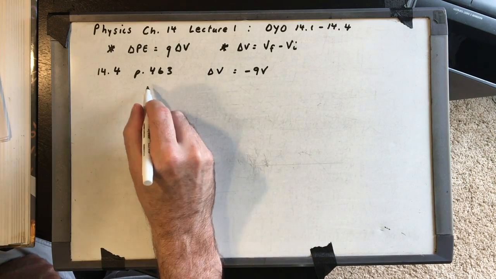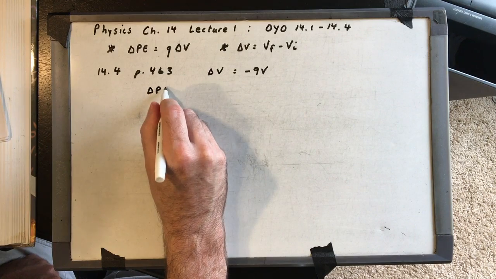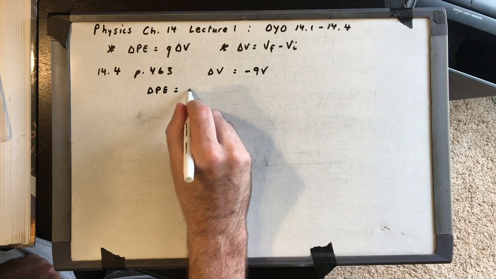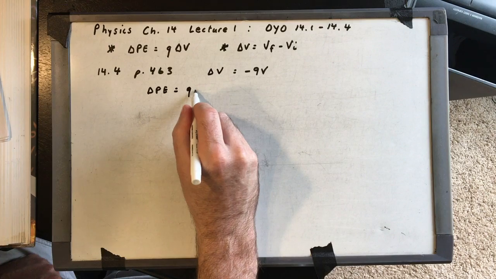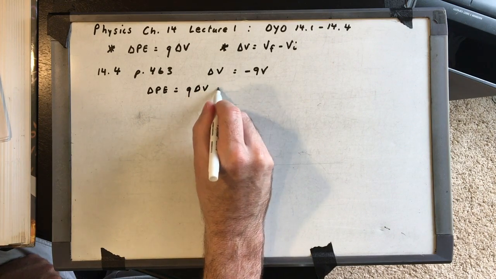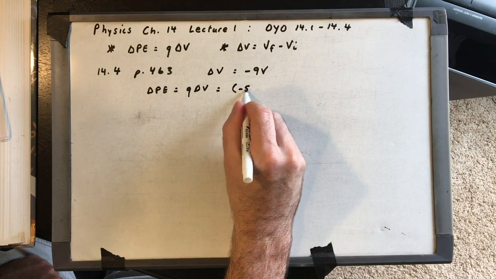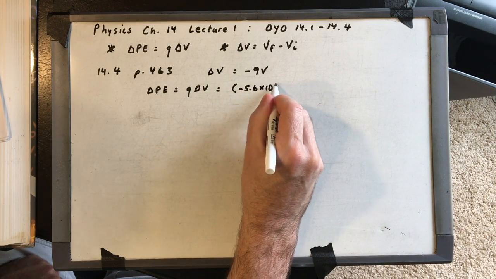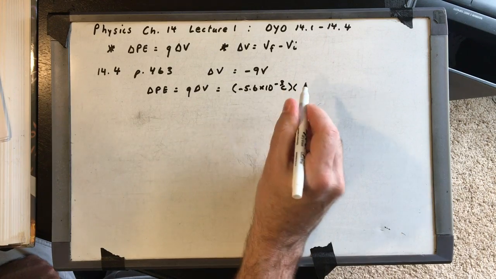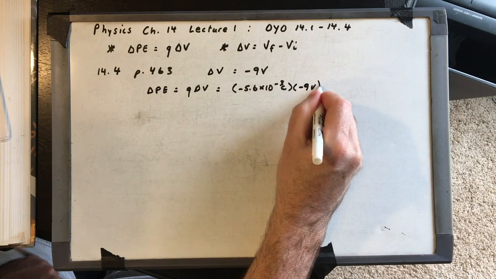So what is the change in potential energy? I don't have to go through all the final and initial voltage because I've already got that information. So it's negative 5.6 times 10 to the minus 3 times negative 9 volts.